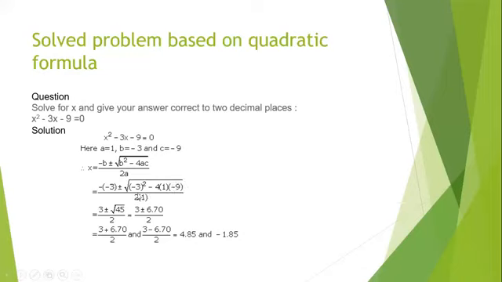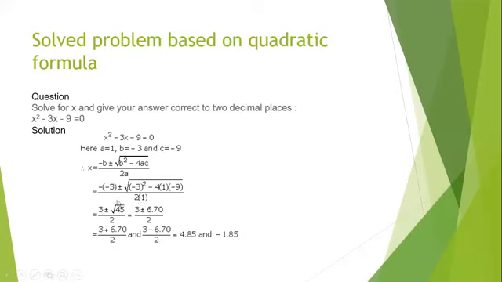First step in all these types of questions is to find out what a, b, c are from the given equation. Here a is 1, b is minus 3 and c is minus 9. Substitute the values in the formula. It will become minus b, where the minus is of the formula and the value of b is also minus 3, so minus minus 3, plus minus under root b is minus 3, so minus 3 whole square minus 4 into 1 into minus 9, upon 2a, a is 1, so 2 into 1.